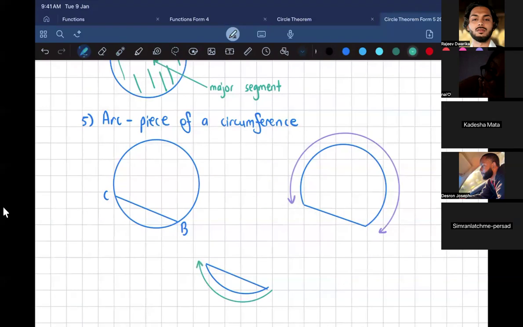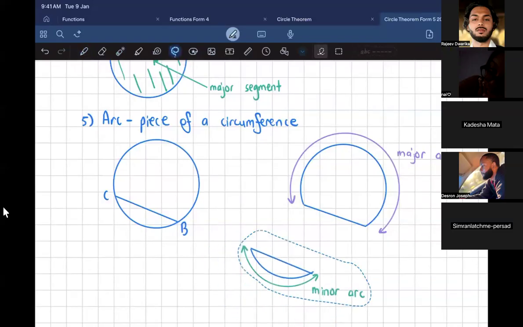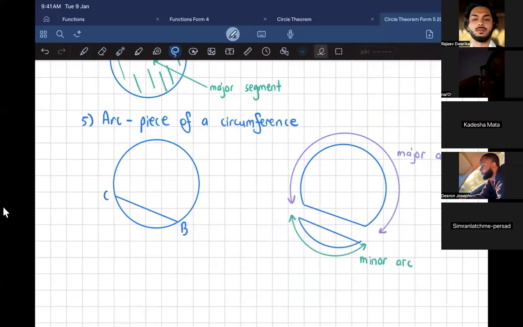So this green one is the minor arc, and this purple one is the major arc. Kadisha, understanding this? Yes, sir. Minor is just smaller, and the major is the bigger one. Perfect. So, does everybody understand what an arc is?